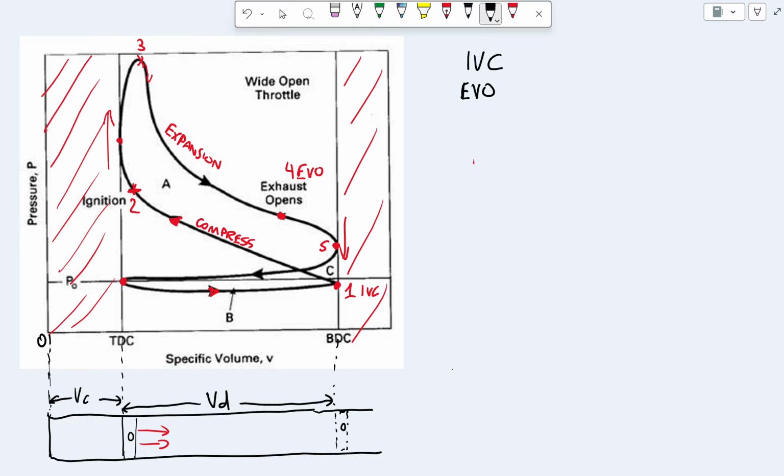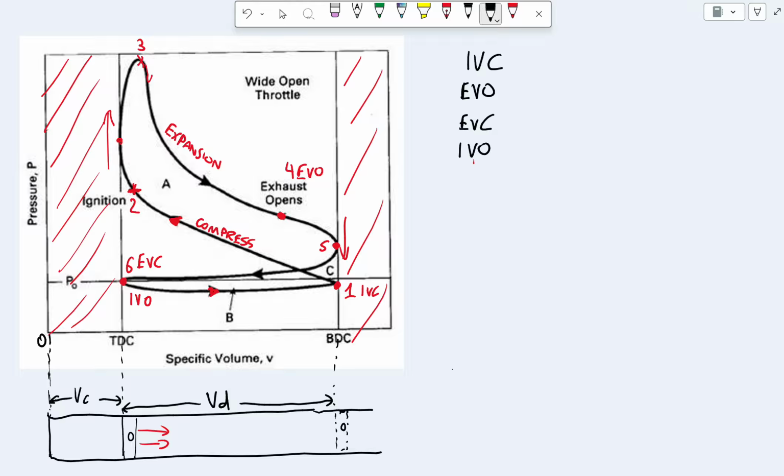Once we reach 0.6, which is going to be labeled right here at this last point, 0.6 is going to be where the following happens. We're going to have our exhaust valve closing, called EVC, and our intake valve opening. Okay, so we're going to write EVC and IVO.